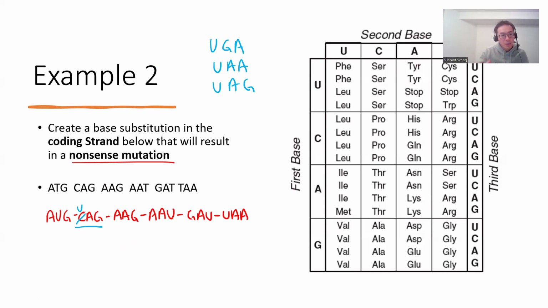But remember, I must reflect the change in the DNA. So it would have been a T right there. So that's going to be a nonsense mutation. And you basically are going to be missing the whole protein. Can someone give me another place where I can make a nonsense mutation here, please?